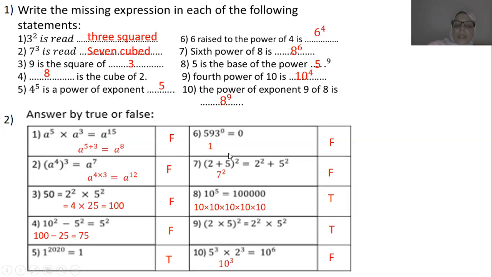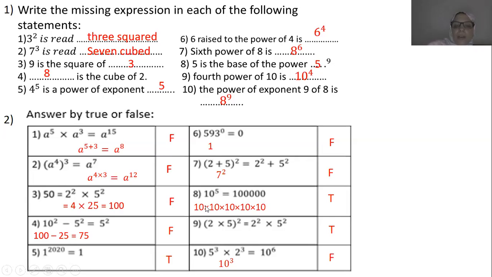So the squared cannot be given to both numbers in case of addition or subtraction. We can only give it to both numbers inside if inside we have multiplication. So this is false.